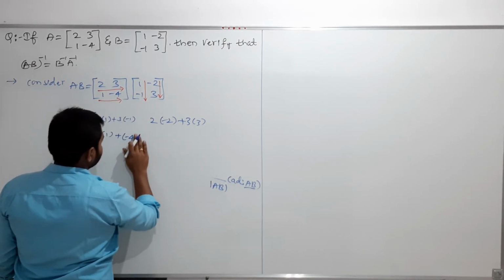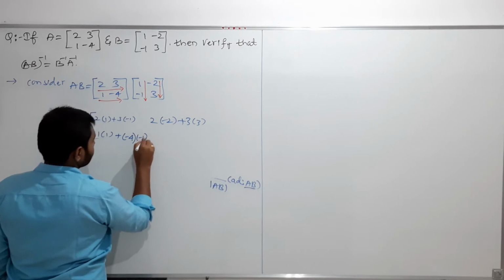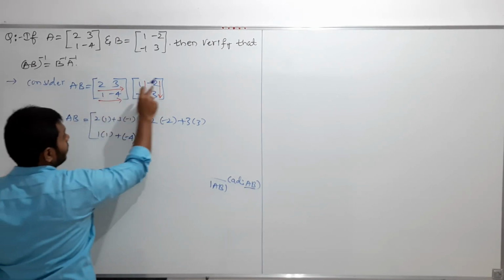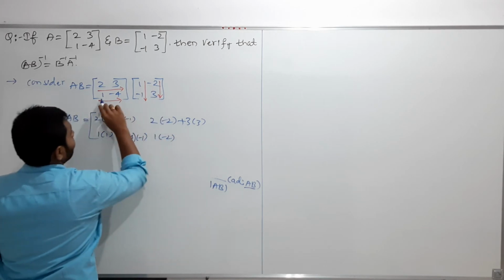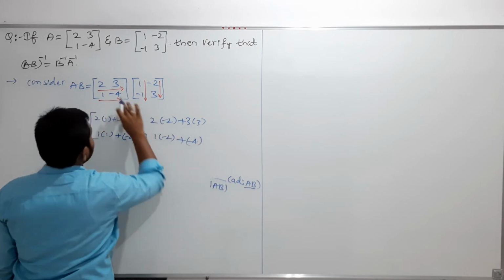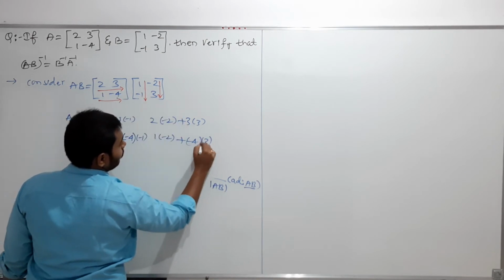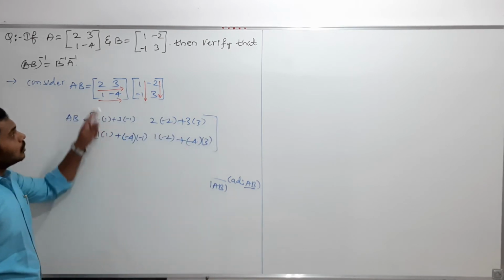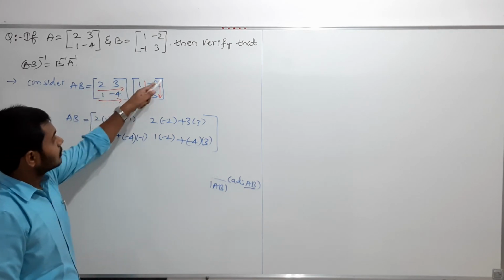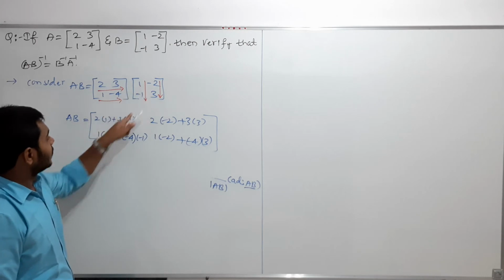Likewise, second row, second column: 1 into minus 2 plus this element into this element, minus 4 into 3. Close the bracket. So row by column: first row, first column; first row, second column; second row, first column; second row, second column.